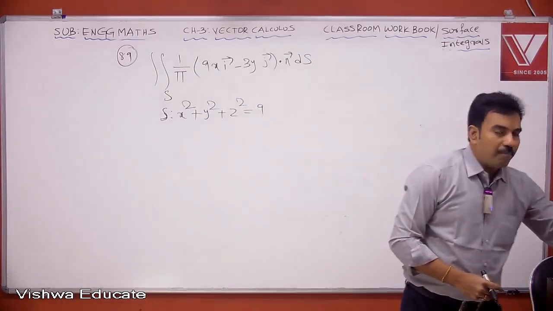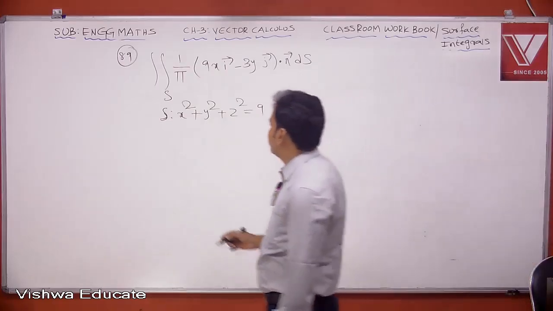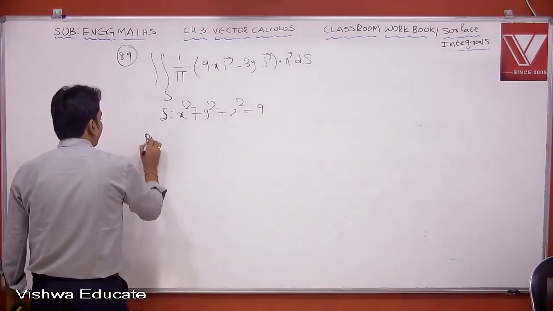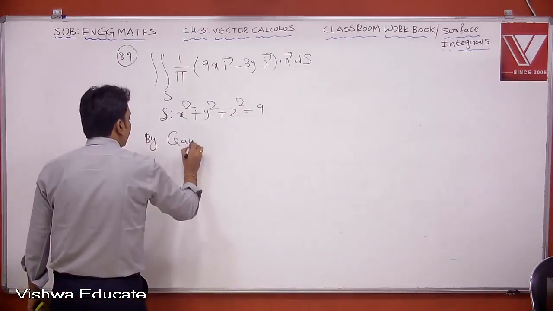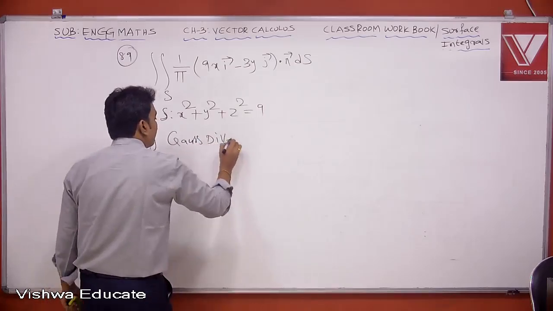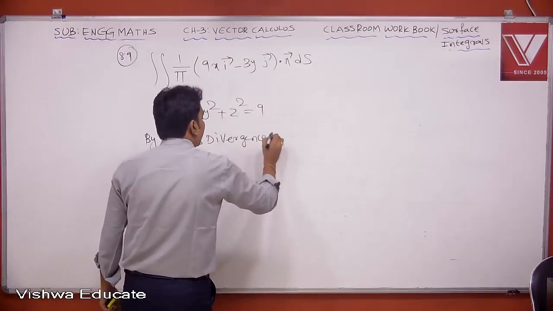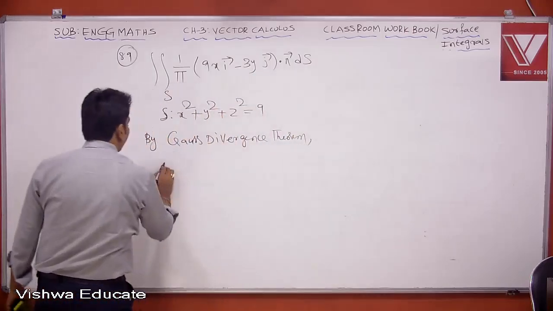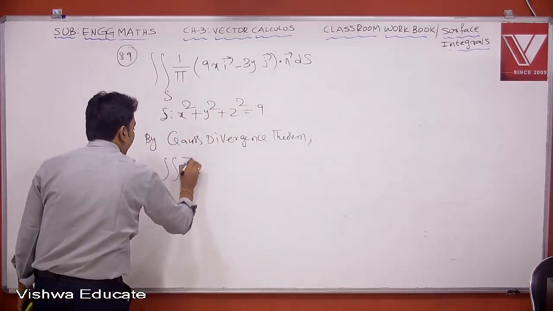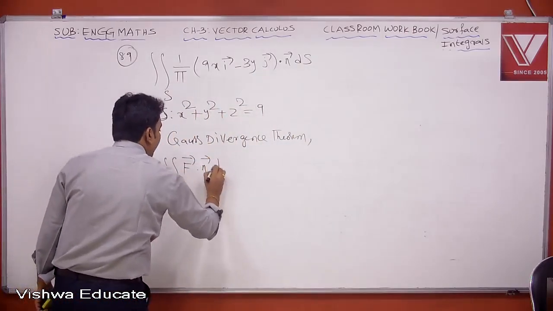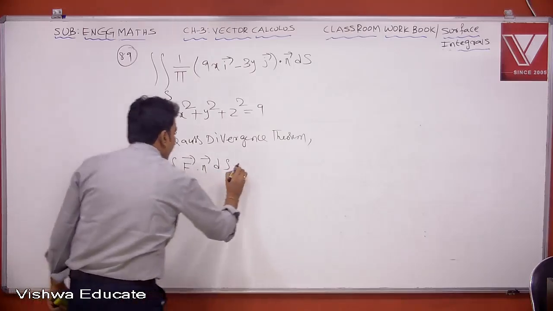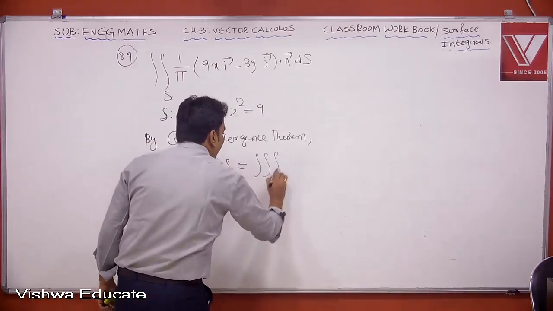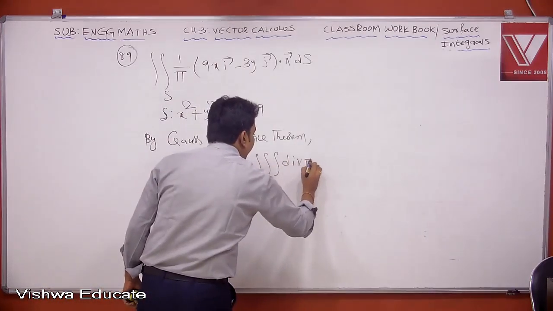Now let us apply Gauss divergence theorem. By Gauss divergence theorem, double integral f bar dot n bar dS over S becomes a triple integral by replacing f bar with divergence.